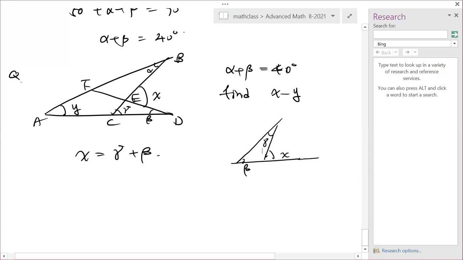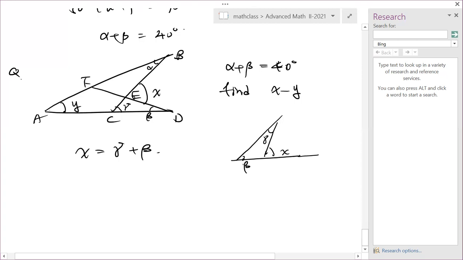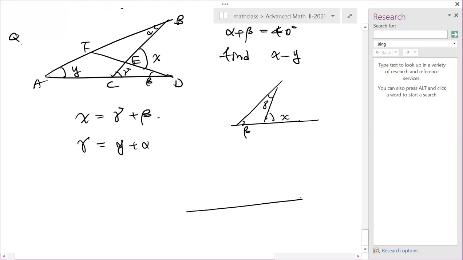All right. Nobody gave me the right answer. I needed to know the value. So first of all, X is going to be gamma plus beta, but gamma is going to be Y plus alpha. You know why? Because look at this triangle.